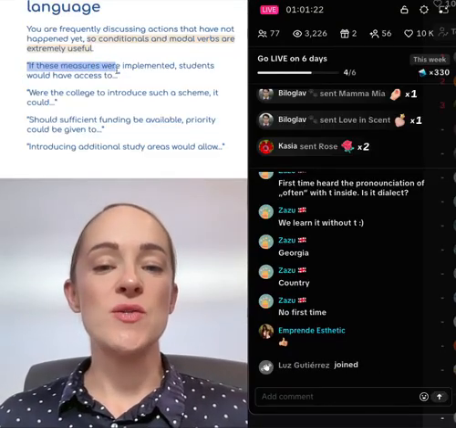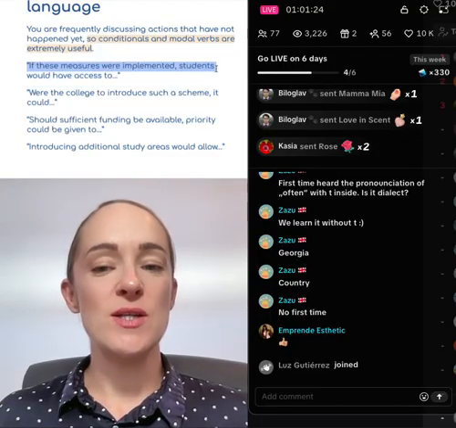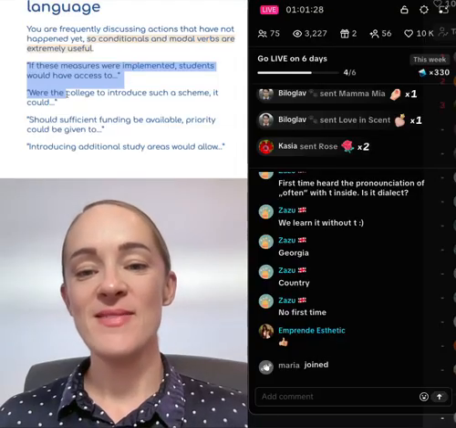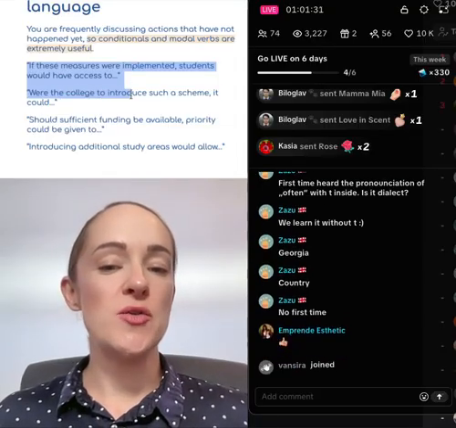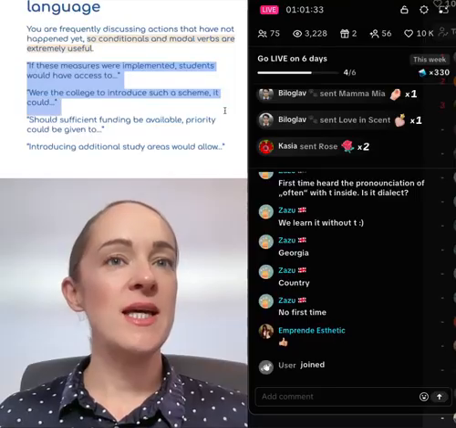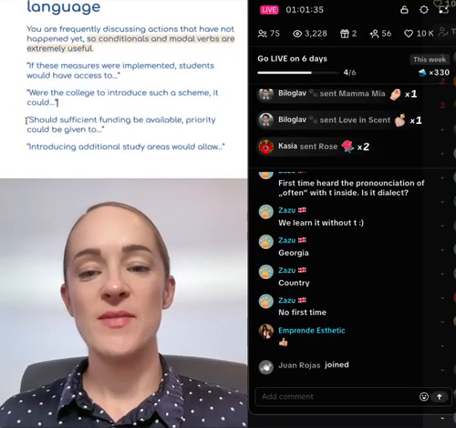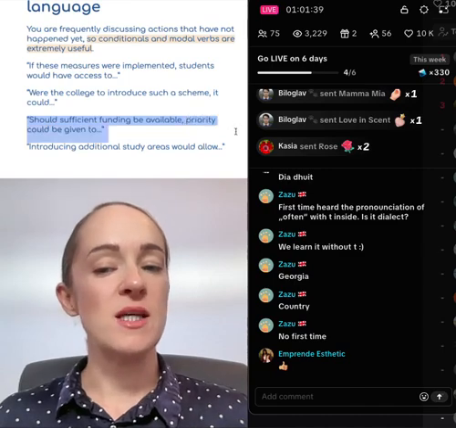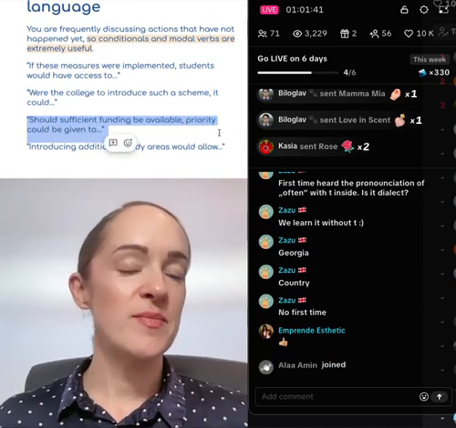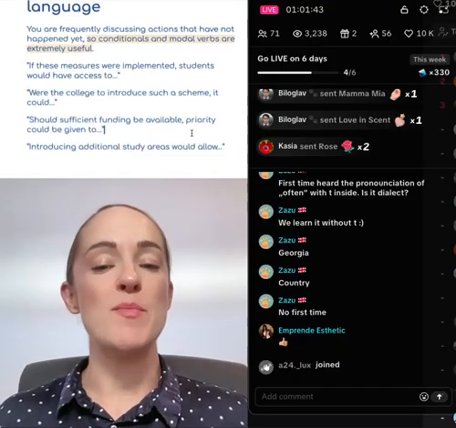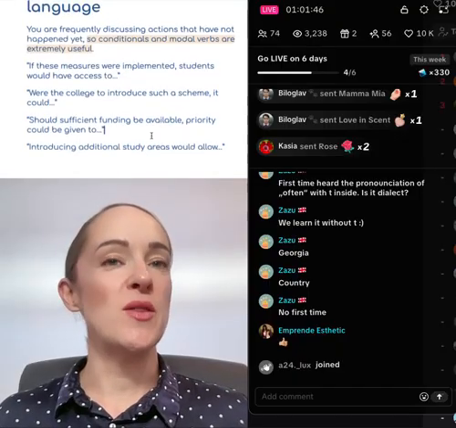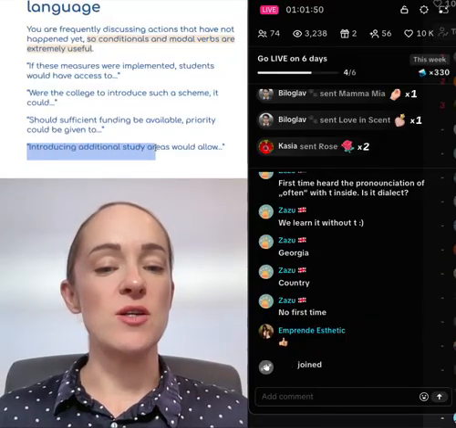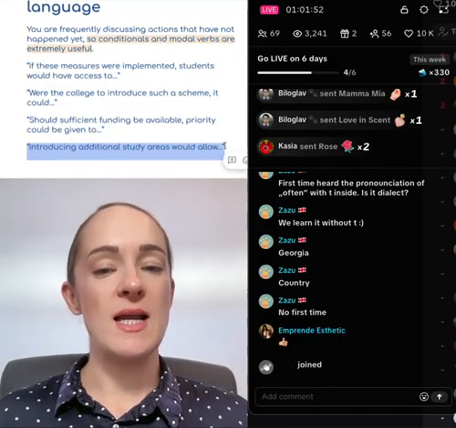So if these measures were implemented, students would have access to. Were the college to introduce such a scheme, it could. Should sufficient funding be available, priority could be given to. So you're telling them what could happen as a result of them following through with your recommendations. Introducing additional study areas would allow.